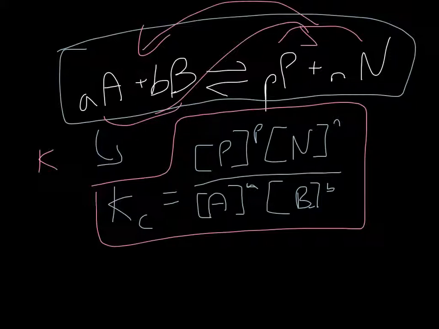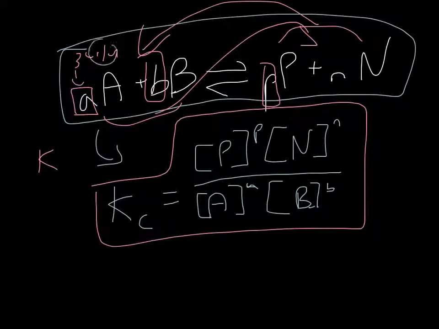Now, these values up here are coefficients, right, how much of each chemical. So that might be like 3CH4. So 3 would be lowercase a and CH4 would be capital A. That's just an example. Who knows what's really happening in your own equilibrium.